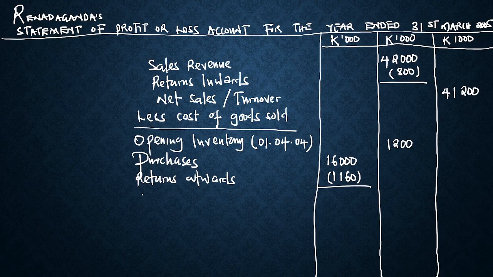What are we getting? 16,000 minus 1,160,000, we are getting 14,840.